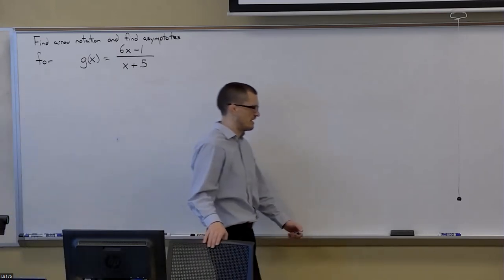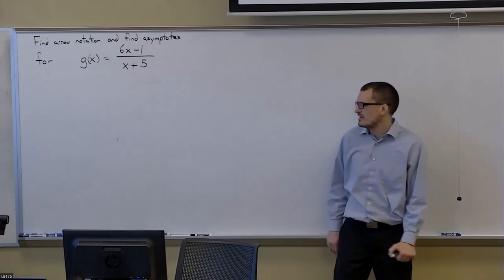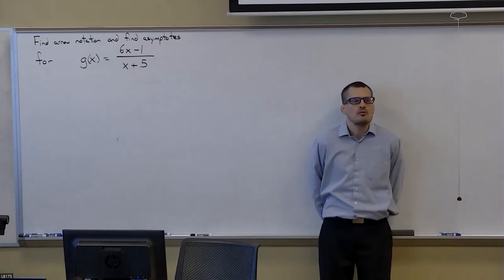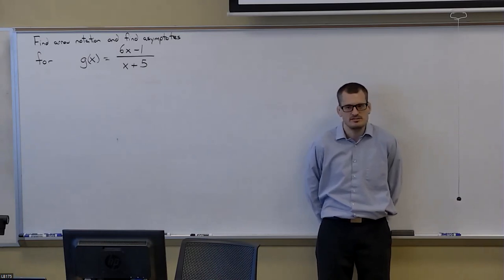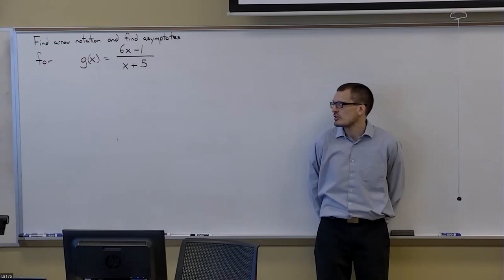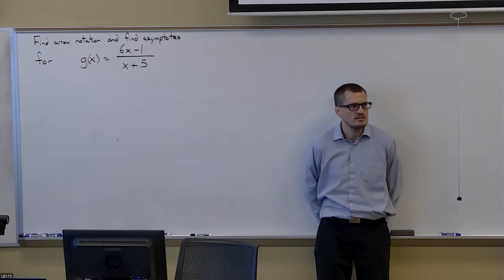Let's do this one together. All right, a little bit different. So let's start with the vertical asymptote. That's actually a little bit easier. Where's the vertical asymptote gonna be? At x equals -5, right?